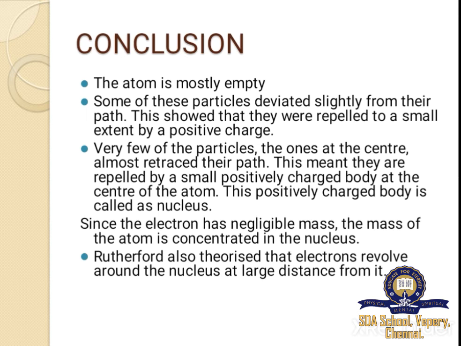This means they are repelled by a small positively charged body at the center of the atom. This positively charged body is called the nucleus. Since the electrons have negligible mass, the mass of the atom is concentrated in the nucleus. Finally, Rutherford also theorized that electrons revolve around the nucleus at a larger distance from it.